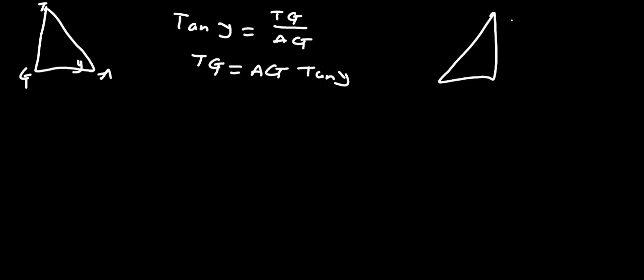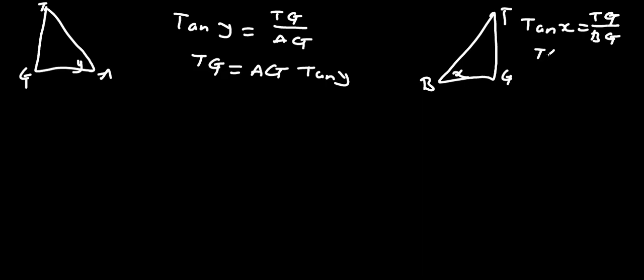We're also going to focus on the other side, the one that I just finished drawing. This is T, this is G, and then this is B. This was X, so tan X is equal to TG divided by BG.